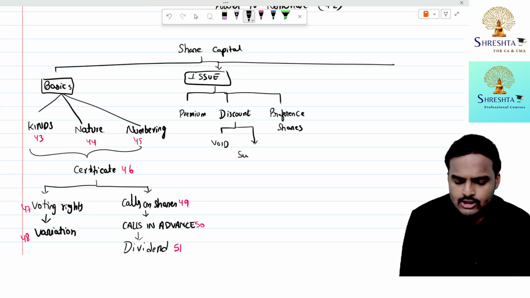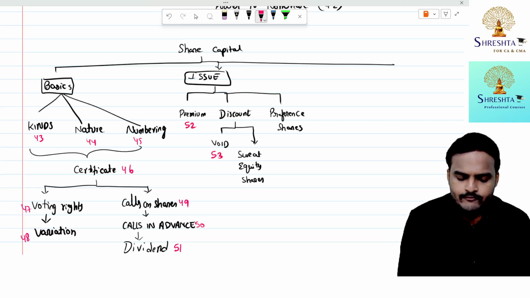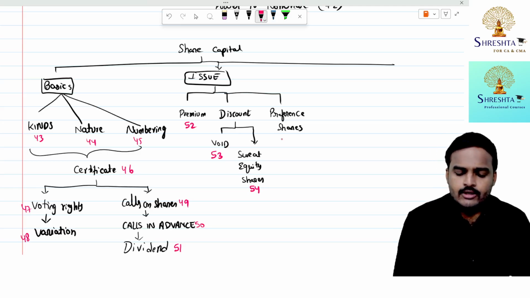That exception is sweat equity shares. Now section numbers. Application of securities premium 52. Issue of shares at a discount void 53. Sweat equity shares 54. Issue and redemption of preference shares 55.